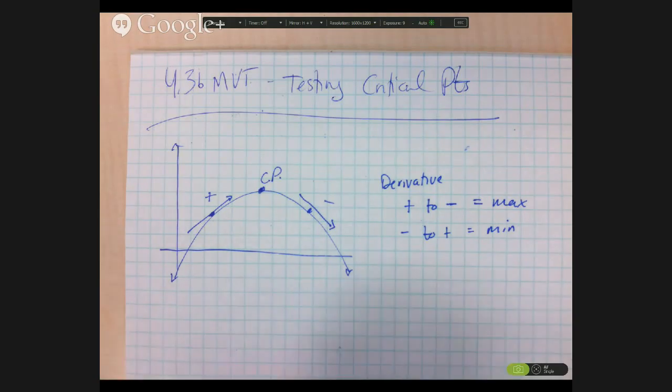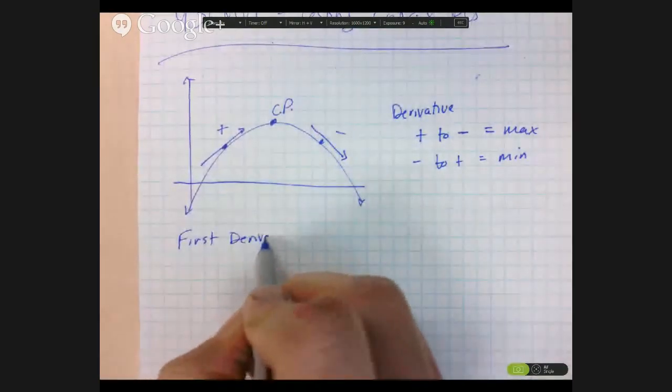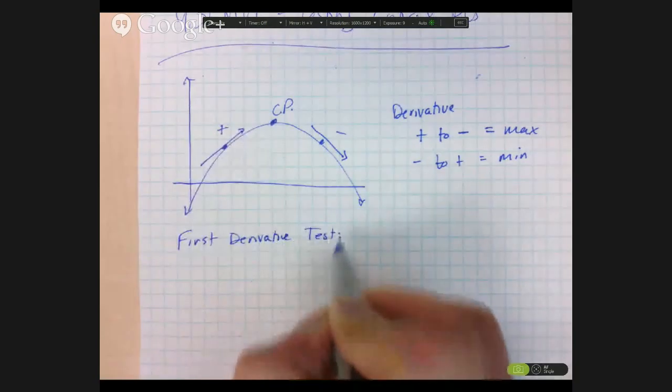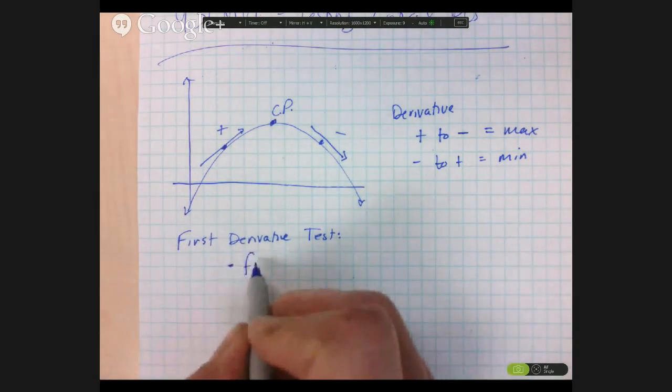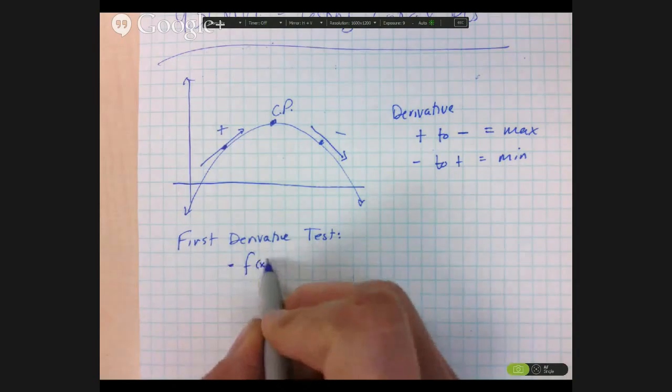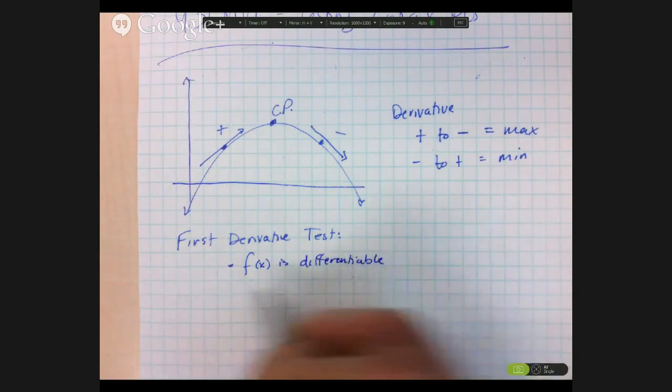something. Yes, I think. Okay, so this is called the first derivative test. Okay, it's called the first derivative test. So again, the conditions there: f of x is differentiable. f of c is a critical point.